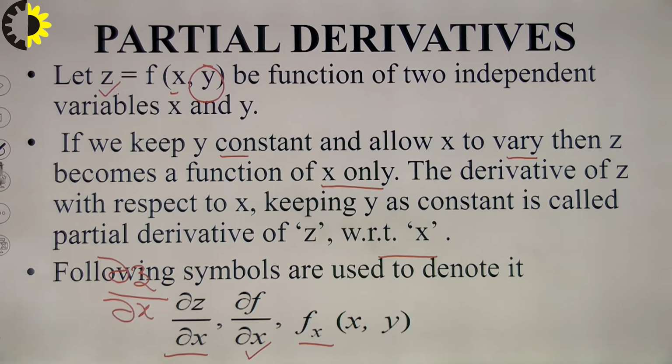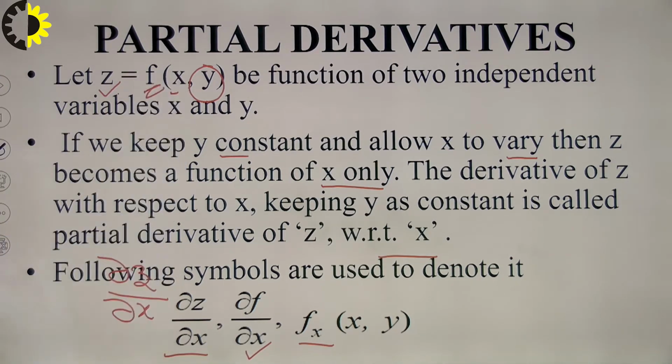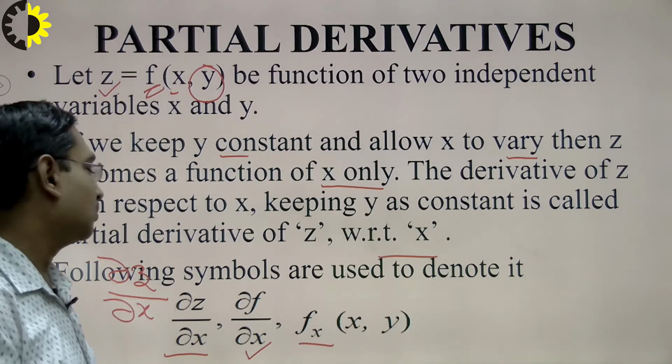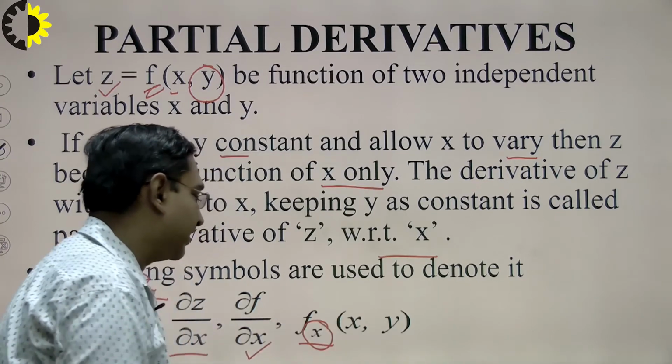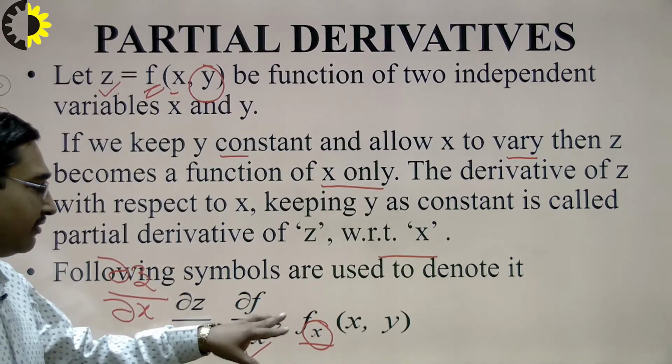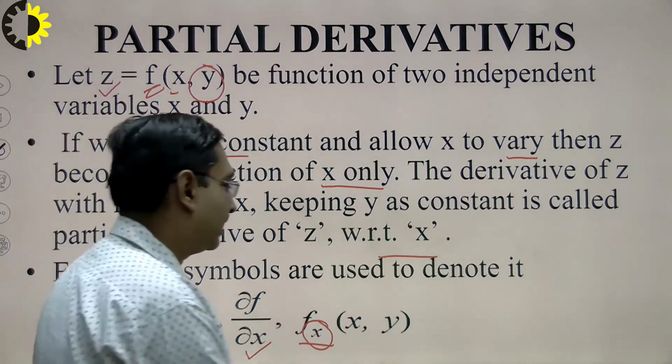Del f upon del x again represents the same partial derivative because the function f occurs on the right hand side. Sometimes we use suffix notation also, where we write a small suffix in f indicating the derivative with respect to a variable. Thus f_x will represent the partial derivative with respect to x.